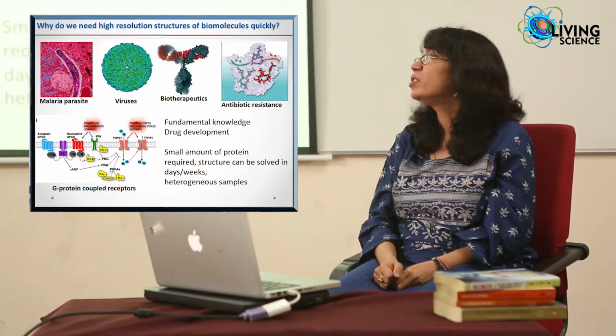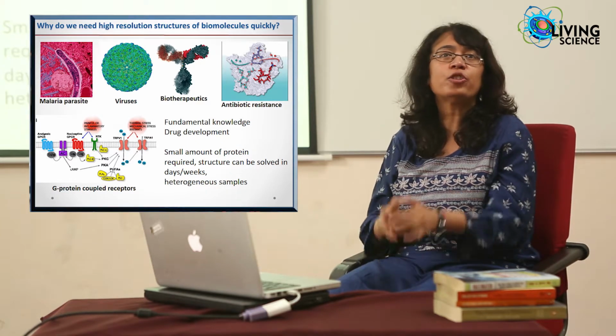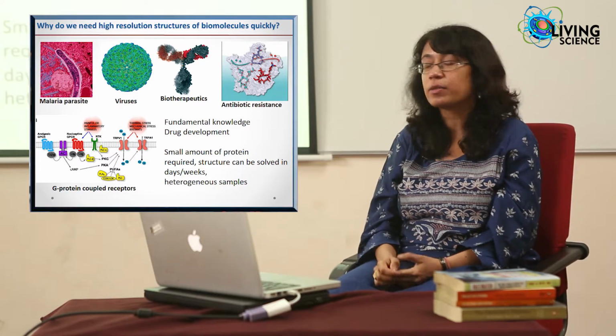And when we're talking about pathogens, for example, when Zika virus suddenly came back, the structure of the virus was solved very quickly using cryo-electron microscopy. That's the structure that you see in green and blue over there. So knowledge of the structure is necessary for us to develop vaccines or drugs.